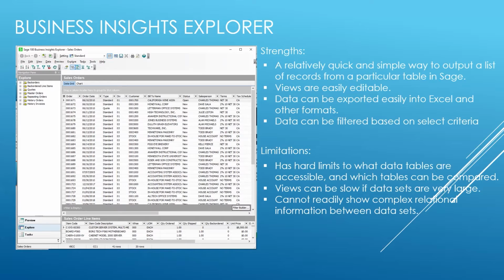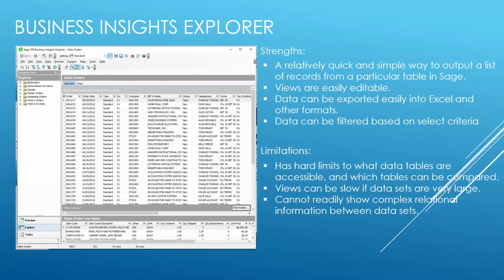Easily editable, you can add and remove fields from BIE views, and likewise can filter those views based on selection criteria that you specify. Those views can then be saved as settings to use and rerun later. And it can also be exported easily into Excel and other formats, as these are displayed as discrete grids.